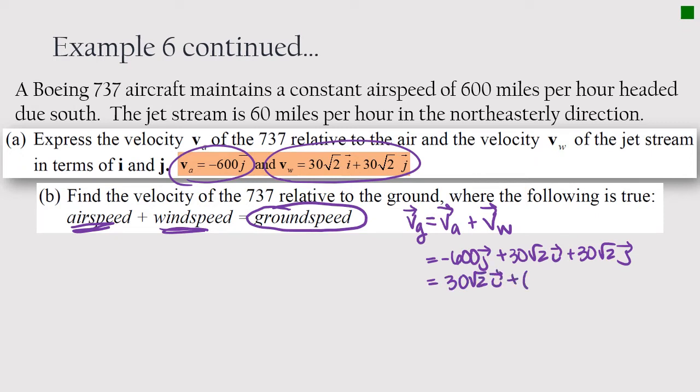And then for the j's, we've got negative 600 plus 30 root 2, j. We usually like to keep this not in decimal format until the very end, but if you were asked to put it in decimal format, it's going to be about 42.4i minus 557.6j.